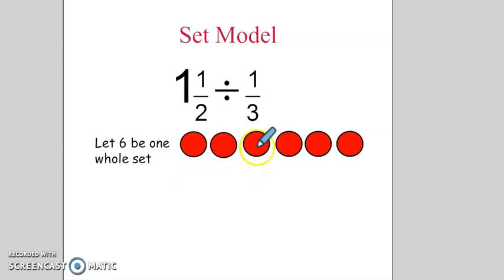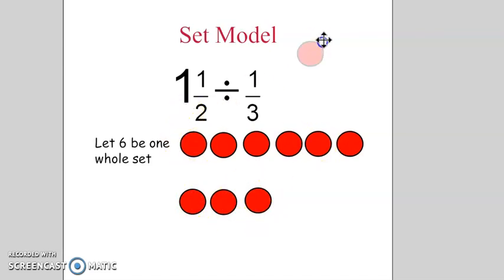So if one whole is 6, how do we show 1.5? 6, and then 3 more would be 1 whole and a half.